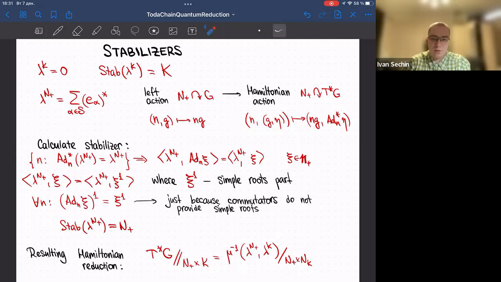And the answer is for every n, because you can write this as Ad n psi. It is psi plus some commutators. The leading order is psi, and all commutators.